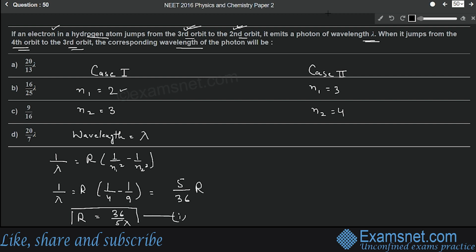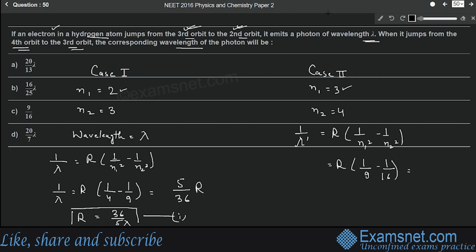Now let's come to the second case. Here again we'll use the same formula. Let's say that this time the wavelength is lambda dash. So 1 by lambda dash equals R (1 by 3 square, so 9, minus 1 by 4 square, that is 16).